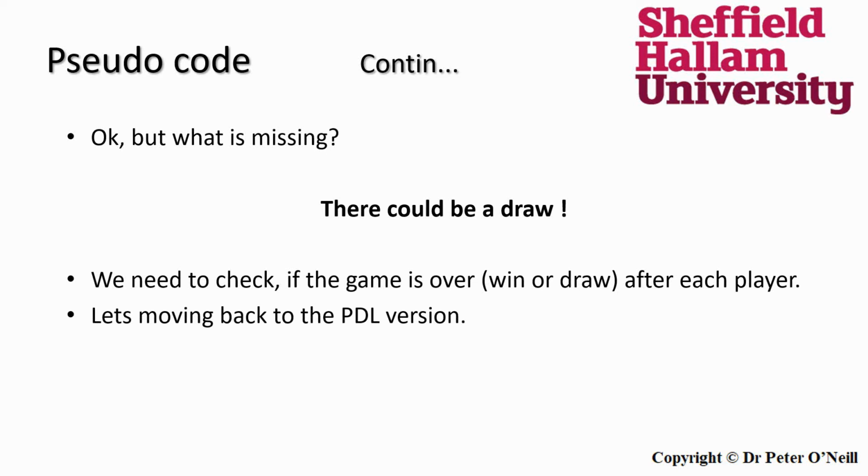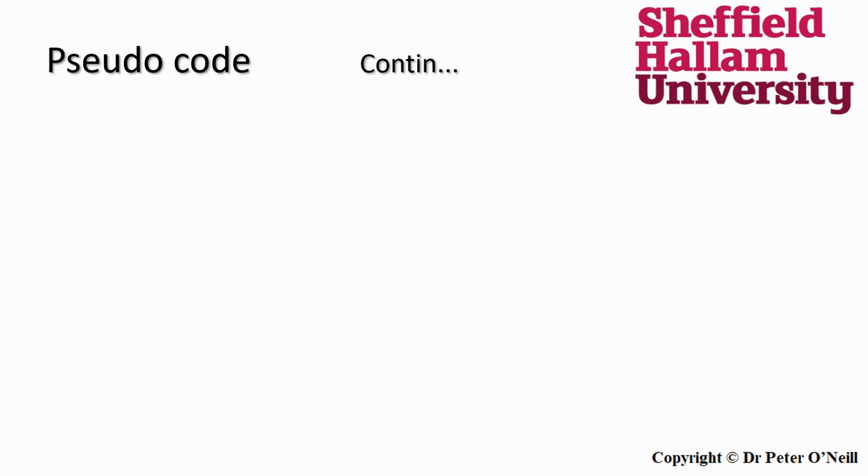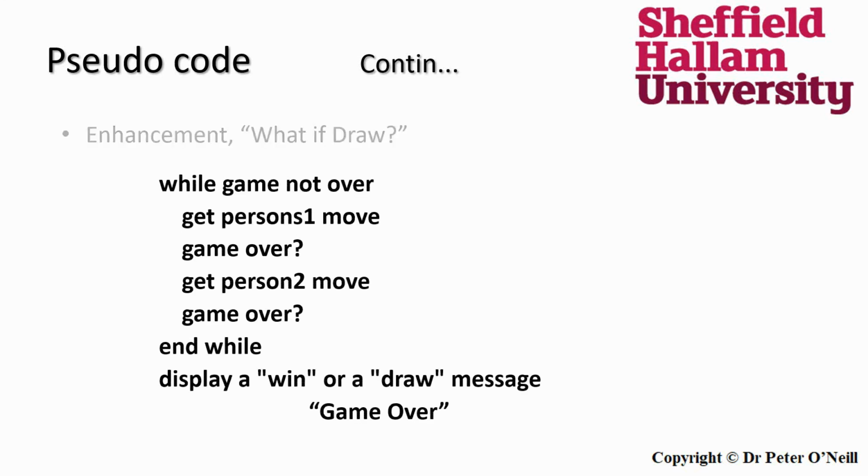So let's move back to our PDL version. We can put enhancement, what if draw. So here's our enhancement. While game not over, which has now become a flag in a way, right?